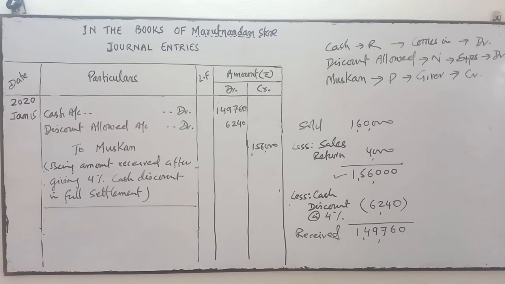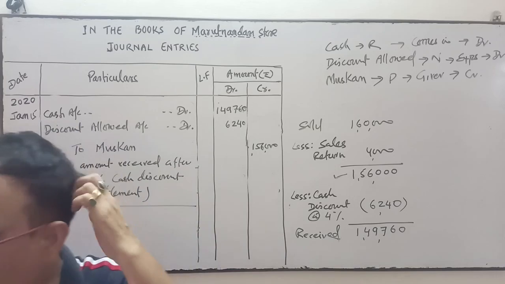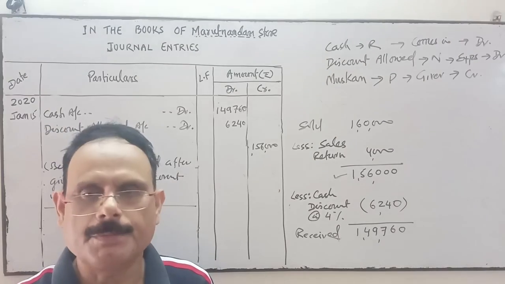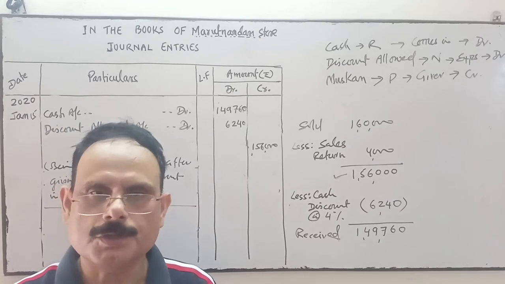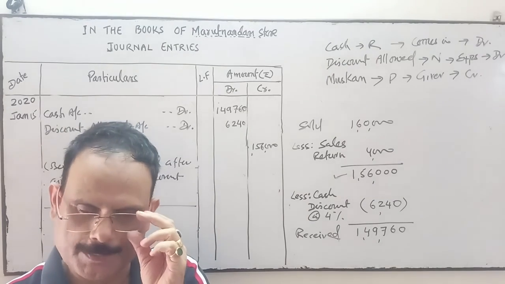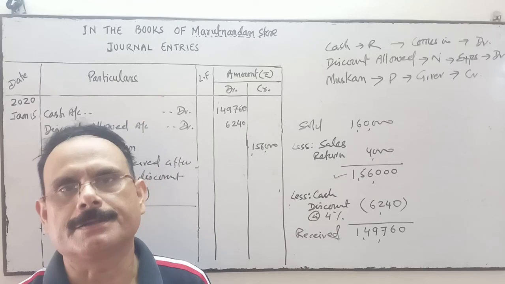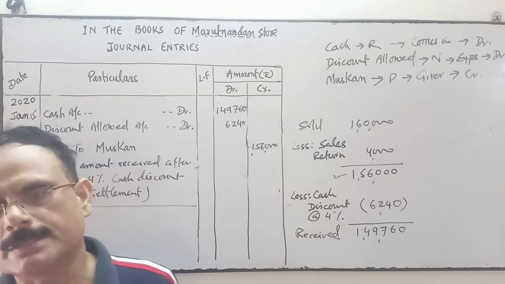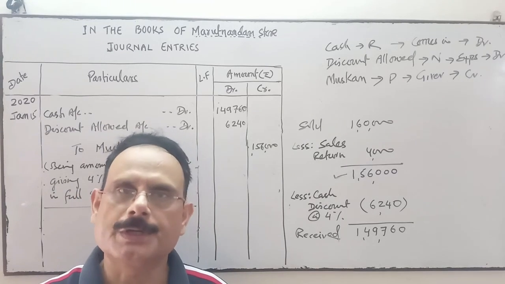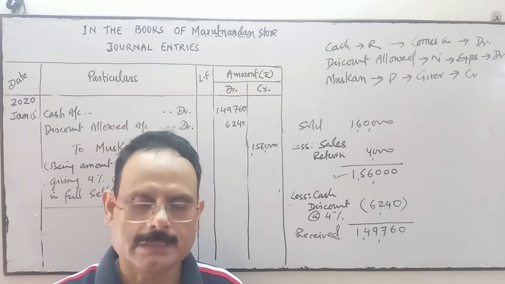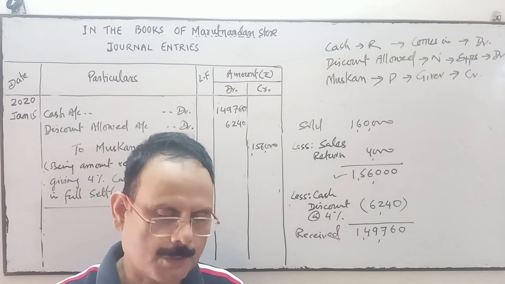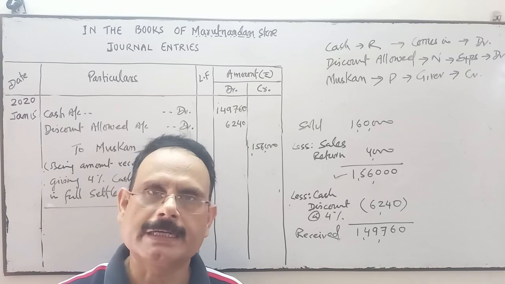So if you want to record the transaction perfectly without any errors, then you have to know the rules of debit and credit. Why this account is going to debit, why this account is going to credit. As we discussed earlier, you have to know the rules of personal account: debit the receiver and credit the giver.